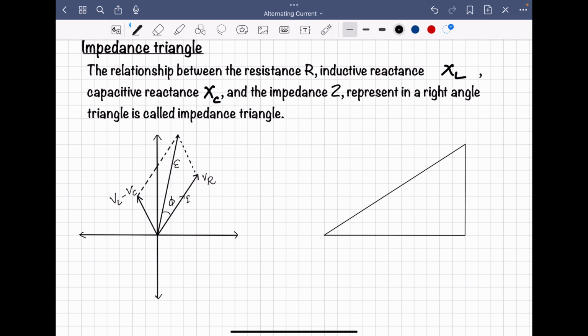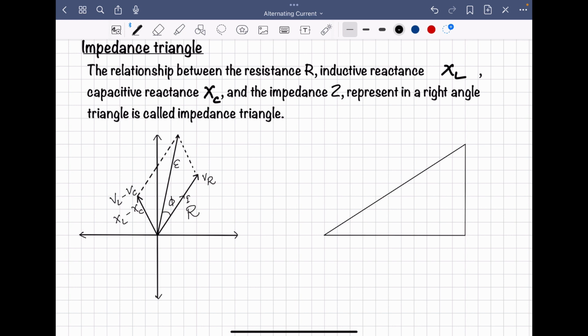What do I write here? The relationship between the resistance. Here we have to replace VR with resistance R. Okay. Then for inductive reactance, in place of VL we can write XL. For capacitive reactance, in place of VC we can write XC. Then what about E?